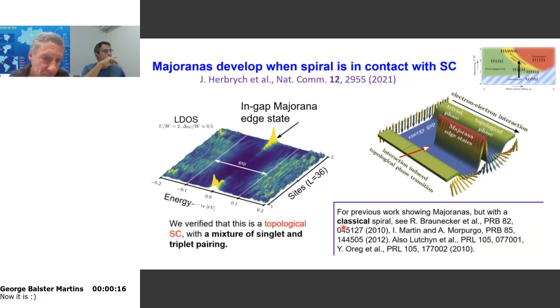But we have removed that assumption by working with quantum spirals that are generated spontaneously in some region of parameter space, in this yellow portion of parameter space.